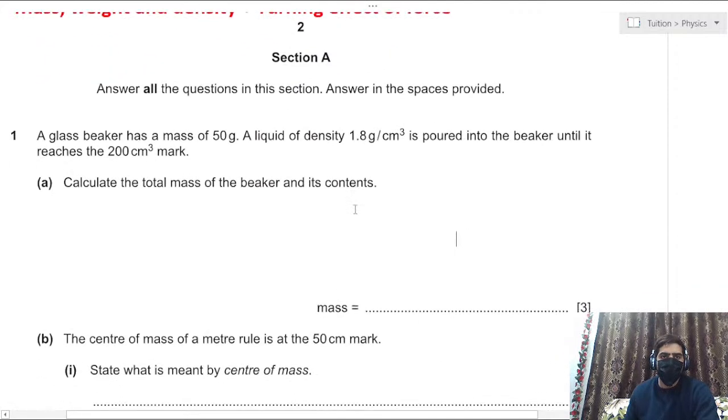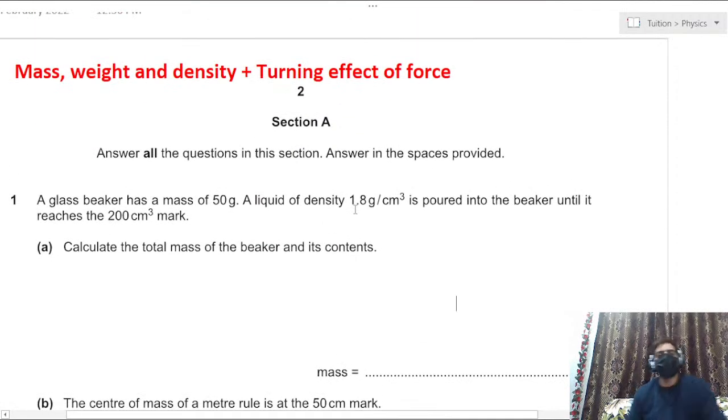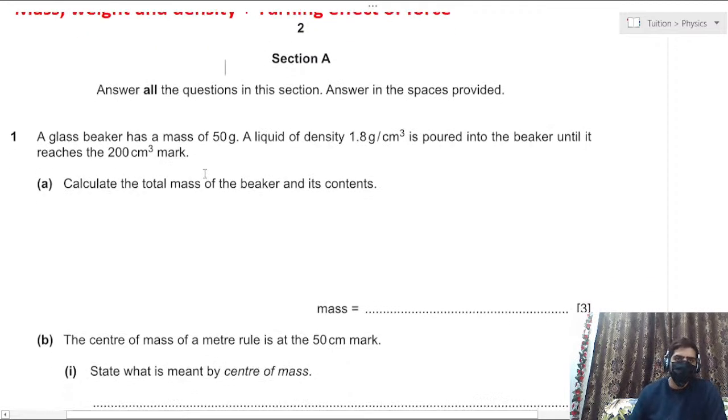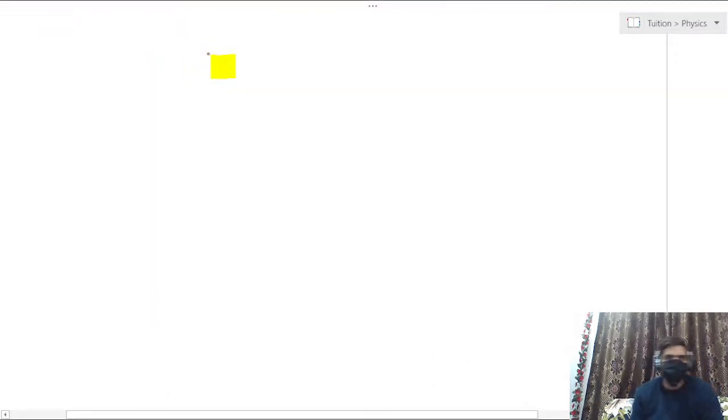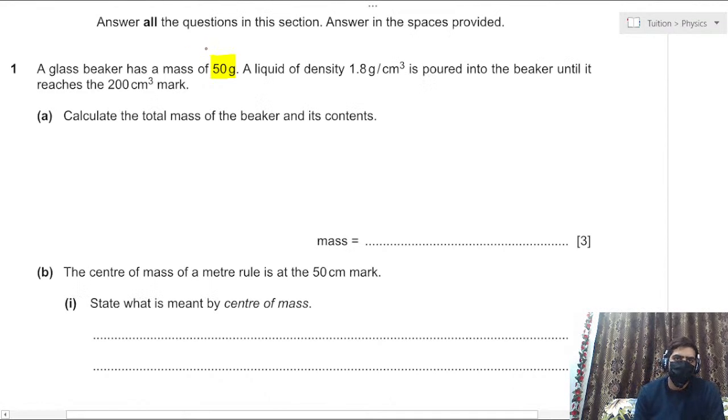Here we have the first question, which is from the chapters of mass weight density and turning effect of force. Question number 1. A glass beaker has a mass of 50 grams. As soon as we get some information, let's write it down, let's highlight it because it might be used. So mass is given as 50 grams. This is your mass.